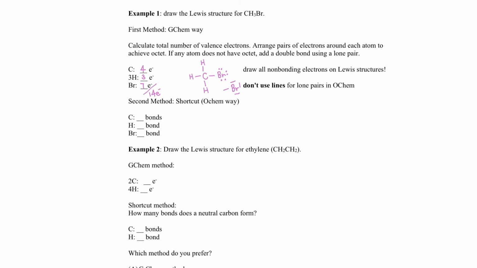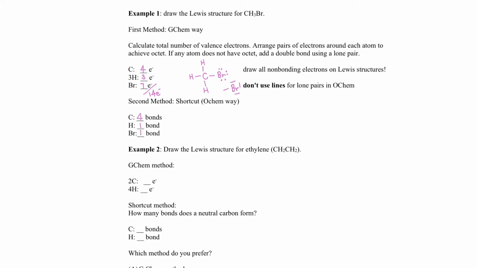Now let's look at the shortcut method, which is the OChem way. So carbon can form 4 bonds, hydrogen 1 bond, and bromine, a halogen, 1 bond. So there's really only one way to do this.